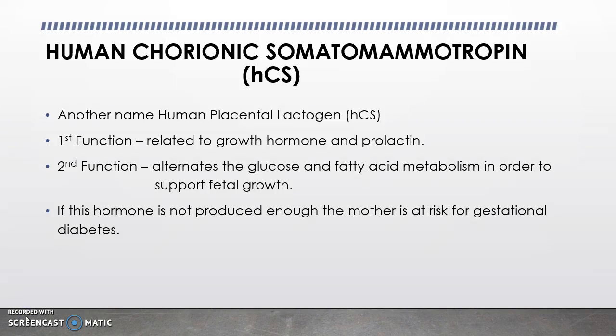If this hormone is not produced enough, the mother is at risk for developing gestational diabetes. After delivery, though, the glucose metabolism in most women with gestational diabetes returns to normal. But these mothers and their babies are also at a higher risk of developing type 2 diabetes later in life.